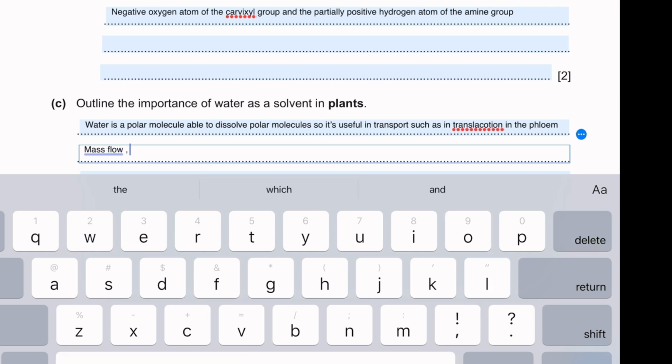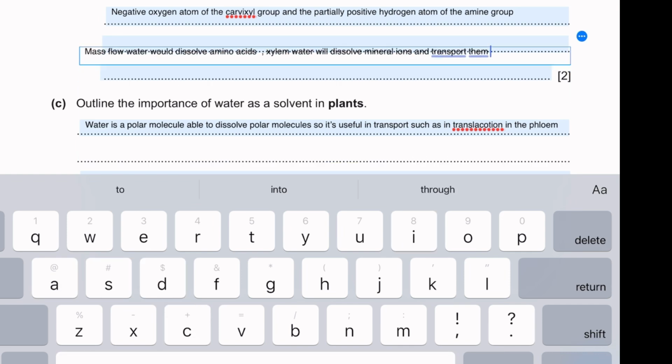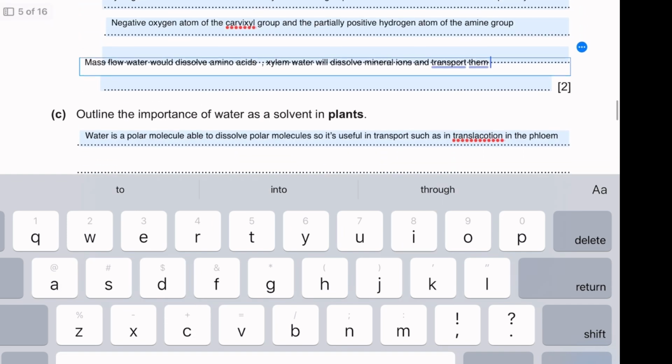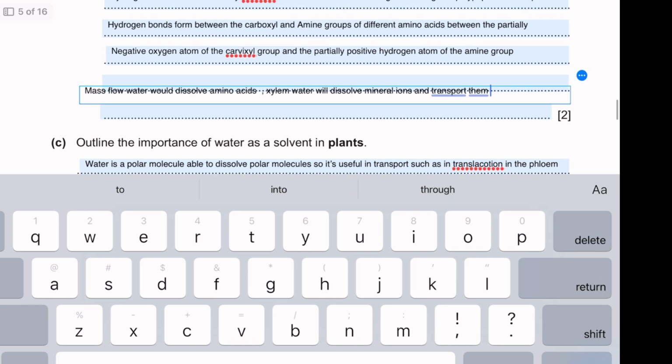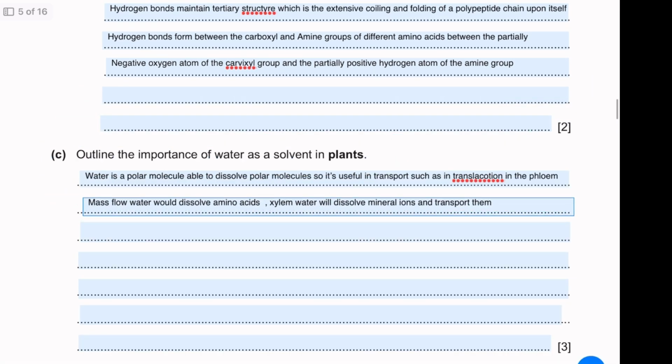You could also mention that in the xylem, water will dissolve mineral ions and transport them. In the phloem, water would dissolve amino acids. Now, what happened? So this just moved, sorry about that.